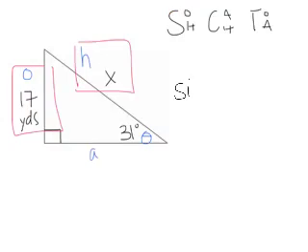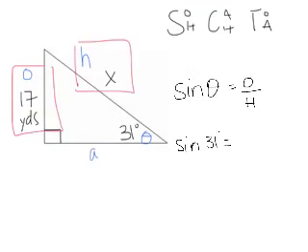The sine of theta is equal to the opposite over hypotenuse, and from here we're going to plug some things in. My theta is 31 degrees, and that's equal to my opposite, which is 17, over my hypotenuse, x.